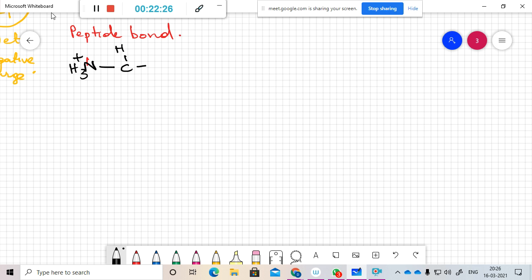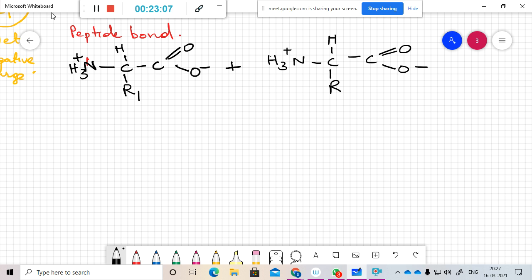The H is kept over here and I am drawing a COO minus over here, and this is the R group 1, R1, plus another amino acid, R2.